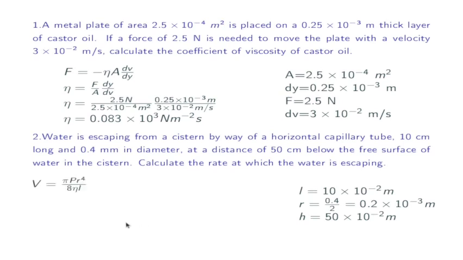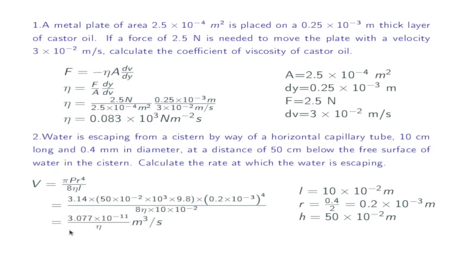That means V is equal to pi P r^4 by 8 eta L, and P is calculated by using the formula H rho g. So H is 15 × 10^-2, density of water is 1000, that is 10^3, and g is 9.8. r is given as 0.2 × 10^-3. 8 eta L is 10 × 10 centimeter, that means 10 × 10^-2 meter.